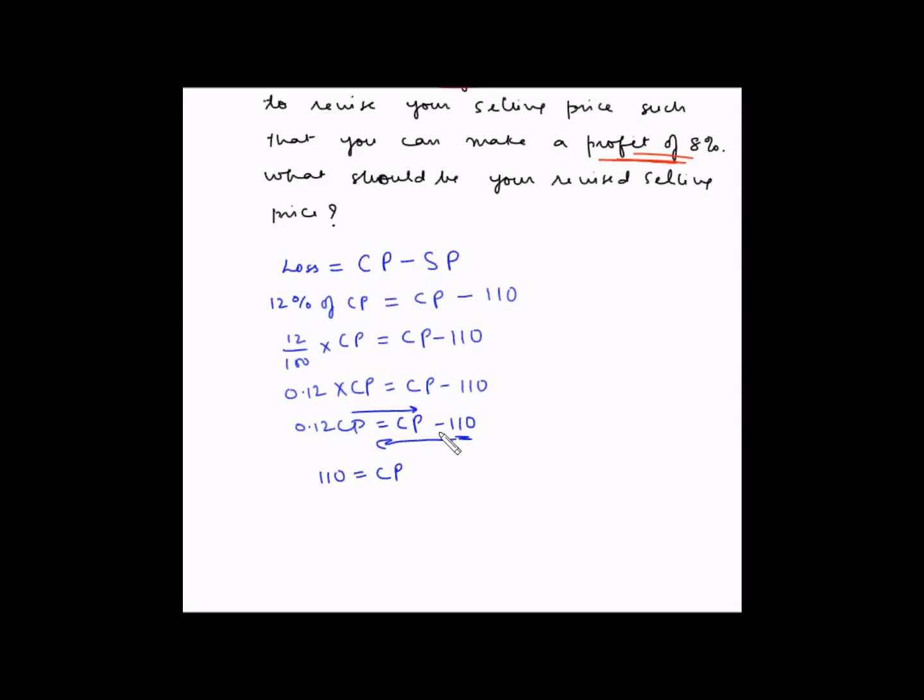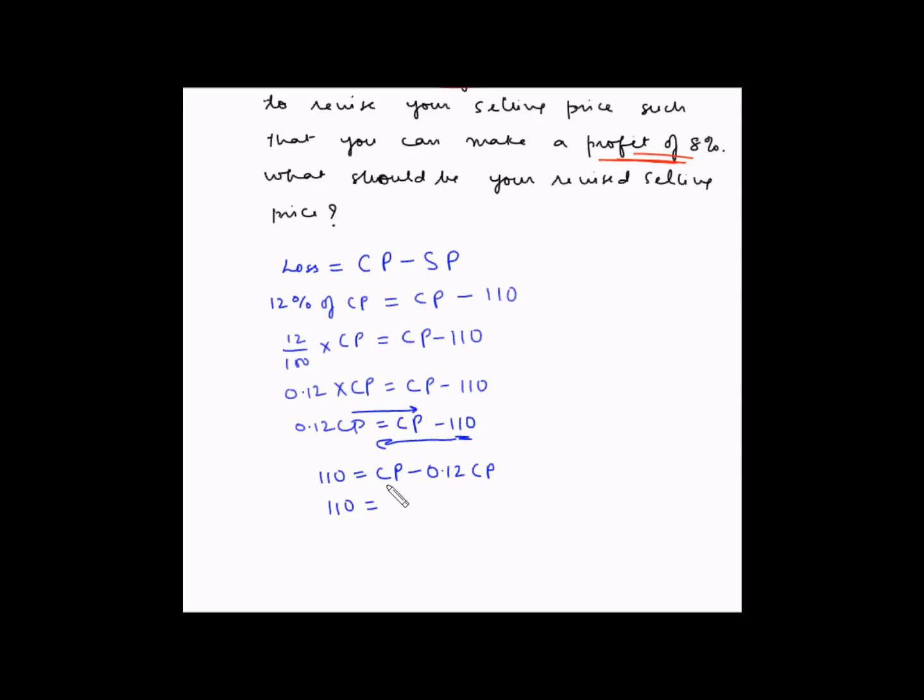While we are bringing these numbers on the other side, we have to change the sign. So this is minus, which becomes plus. This remains as it is, and this is plus, so this becomes minus 0.12 CP. So 110 is equal to 1 times CP minus 0.12 times CP.